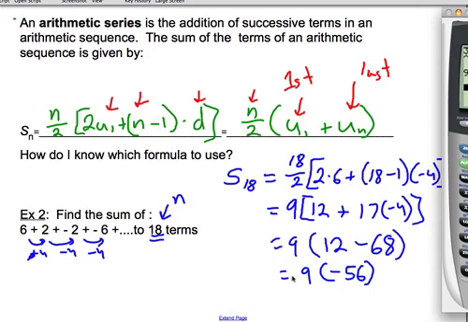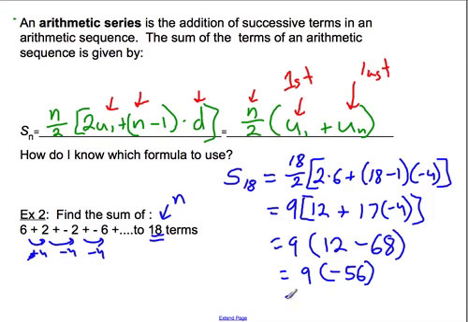So your sum here is negative 504. That's S18.